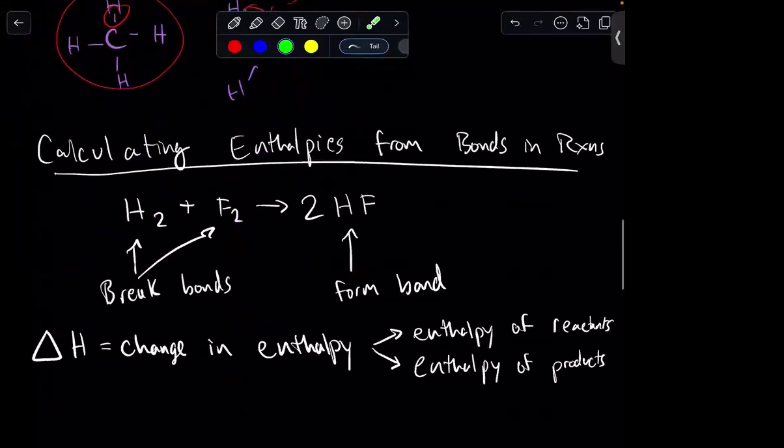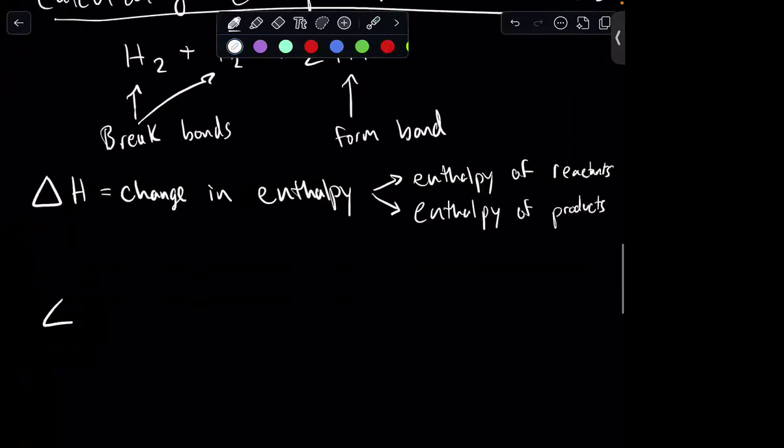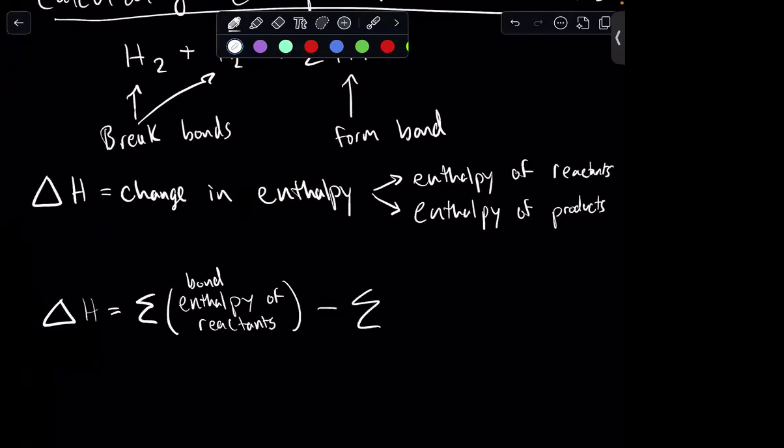So from this, if we need a negative value for something that releases energy and a positive value for something that has to gain energy, we can derive that our equation for delta H is going to be the sum of the bond enthalpy of reactants minus the sum of the bond enthalpy of products.